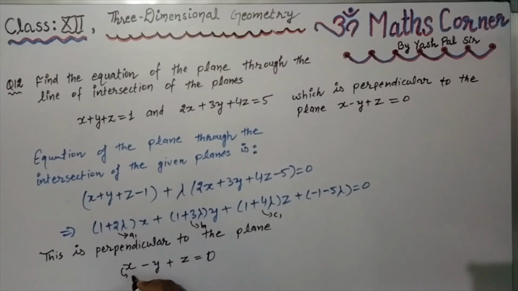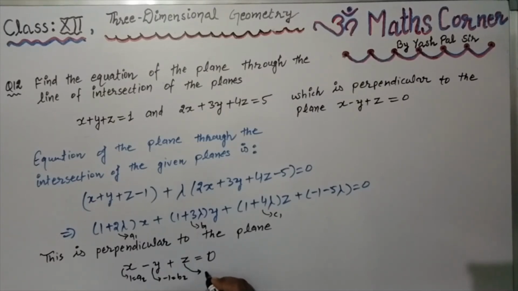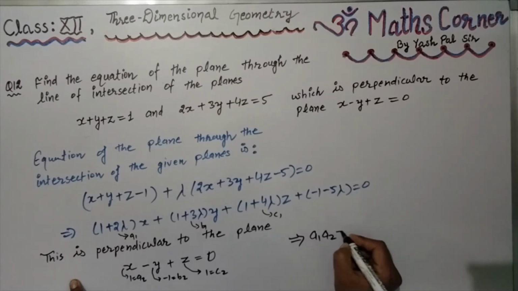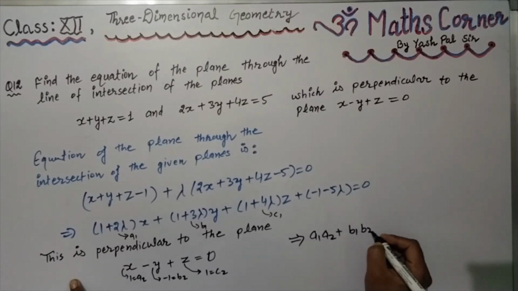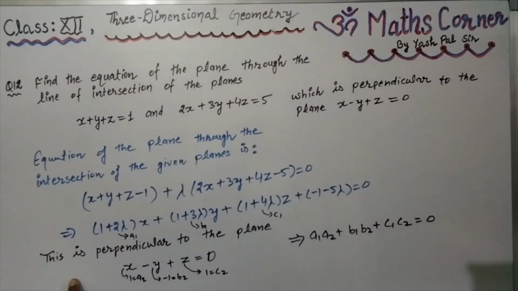Here the coefficient of x is 1, equal to a2, the coefficient of y is -1, equal to b2, the coefficient of z is 1, equal to c2. So we can say here a1 a2 + b1 b2 + c1 c2 = 0.